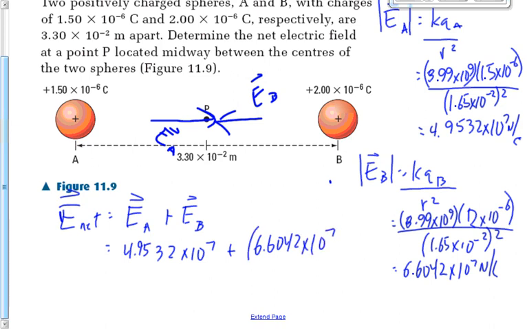Is that right? What's wrong? We have to make this one a negative. So in effect, we're subtracting there, right? Let's figure out what that is. I get negative 1.65 times 10 to the 7 newtons per coulomb.